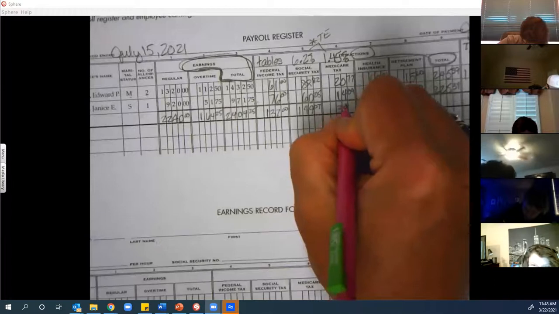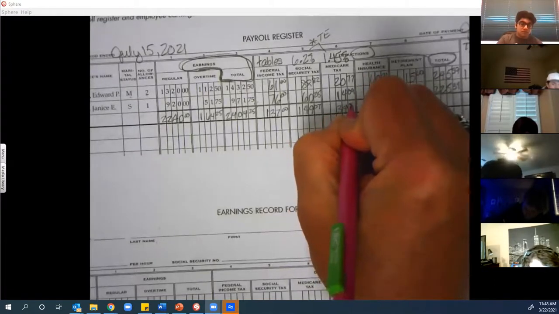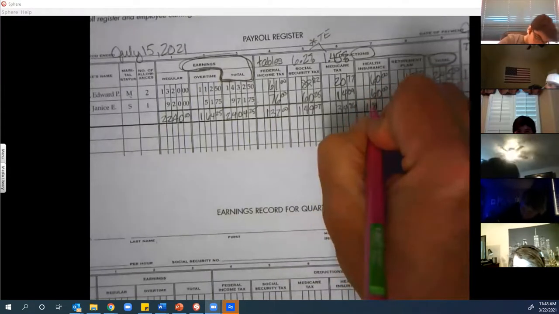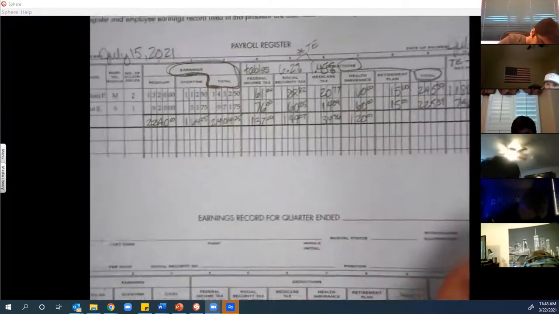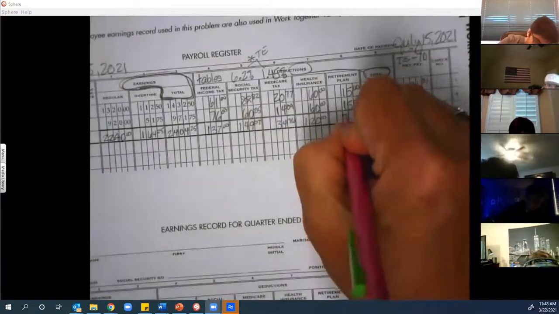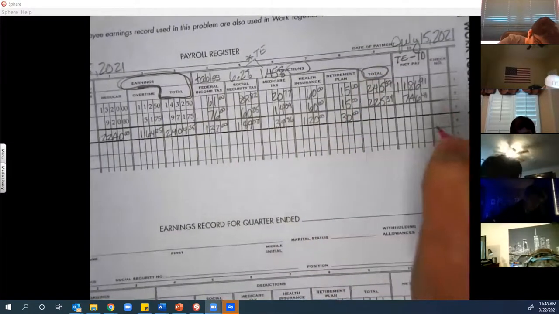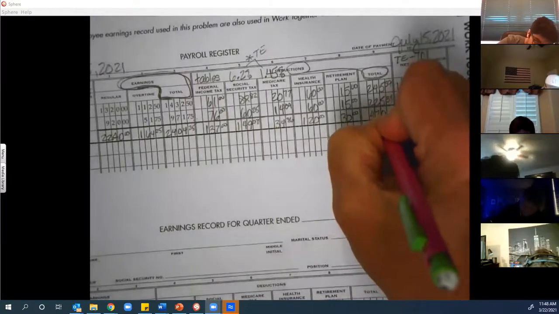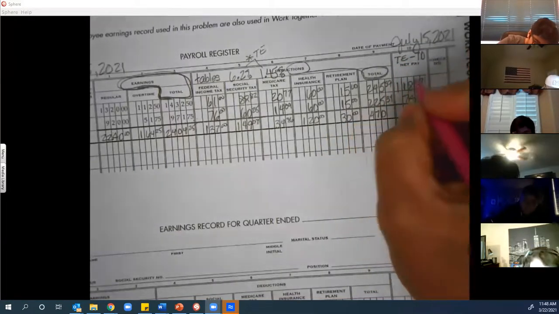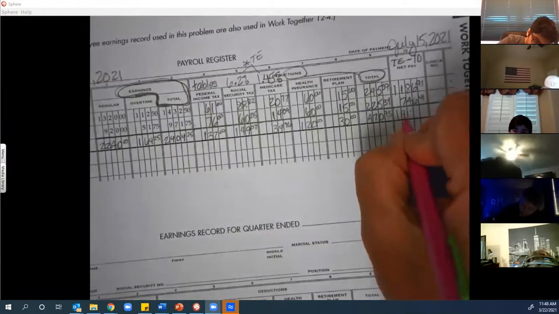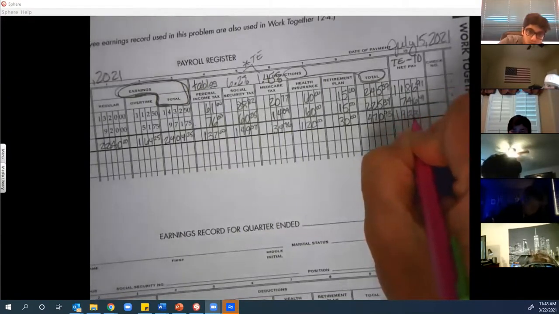Medicare, 34.86. Health insurance, 120. Retirement, 30. Total, 470.93. And total net pay, 1933.32.